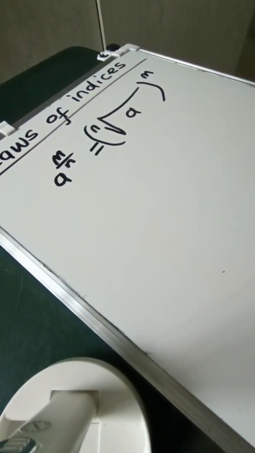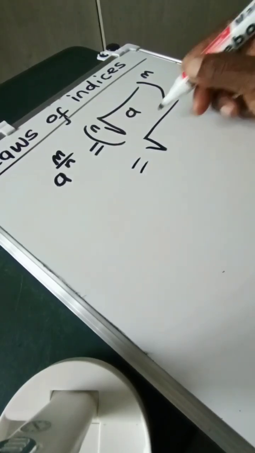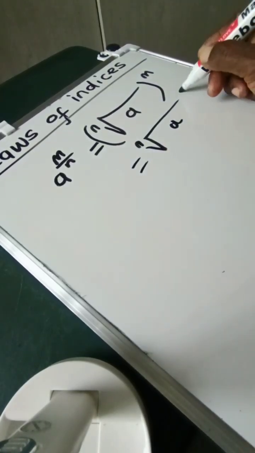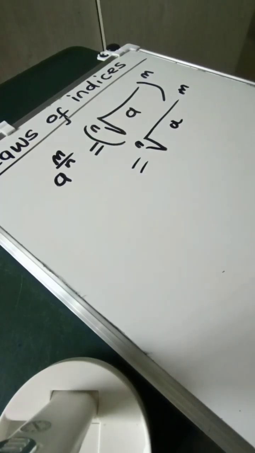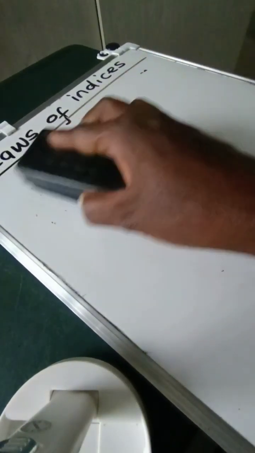You see? We can just write it as the nth root of a, and then m. No need of bracket, or you can put the bracket. It's up to you.